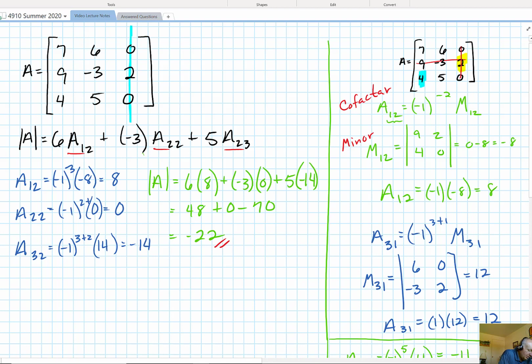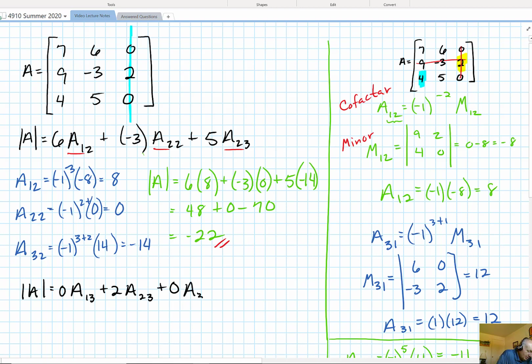So the determinant, according to our cofactor expansion rule, should be this. The determinant of A should be 0 times the 1, 3 cofactor plus 2 times the 2, 3 cofactor plus 0 times the 3, 3 cofactor.